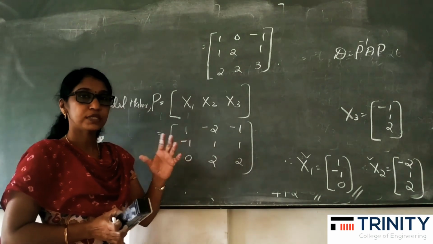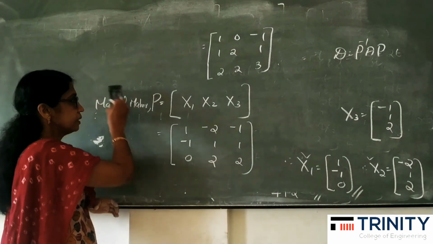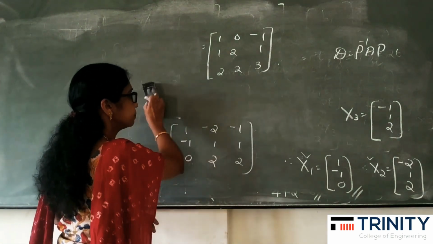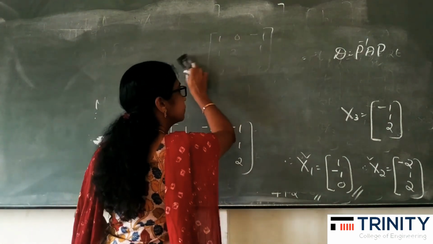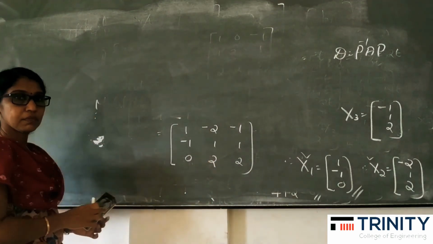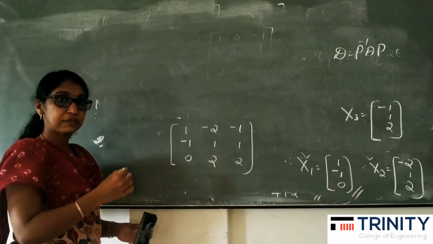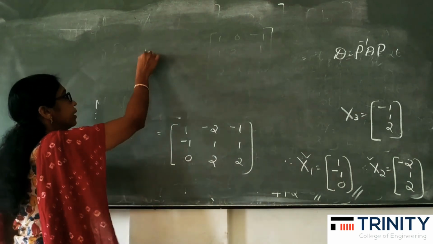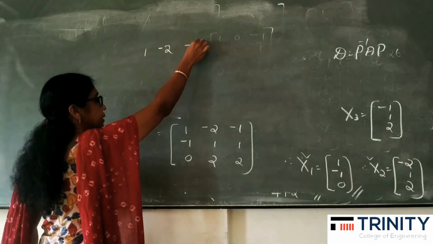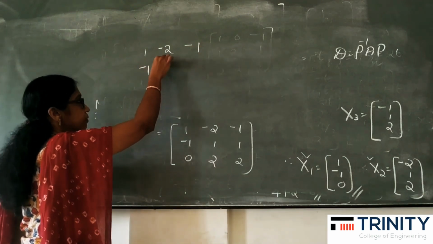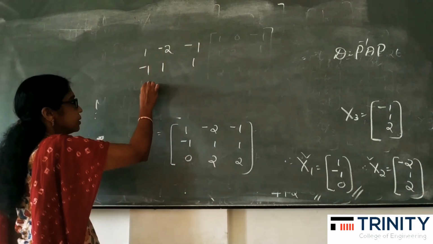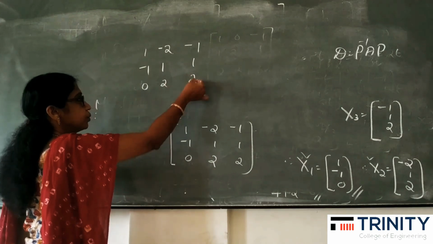So I am using that method. Now this is P. Now P inverse. How do we find P inverse? We write the matrix P 4 times. 1 minus 2 minus 1, minus 1 1 1, 0 2 2.